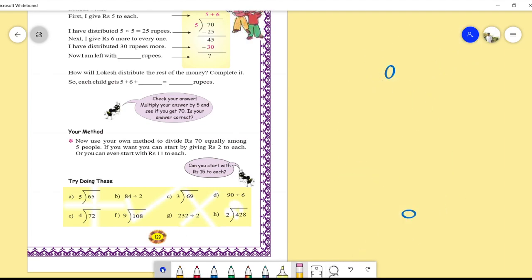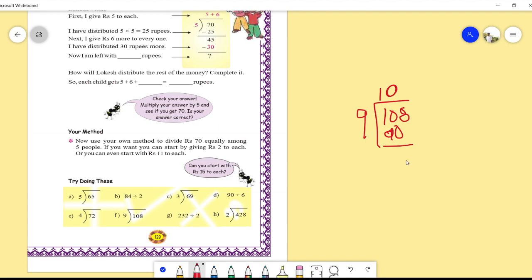Next we have is 108 divided by 9. So here 9 tens are 90.